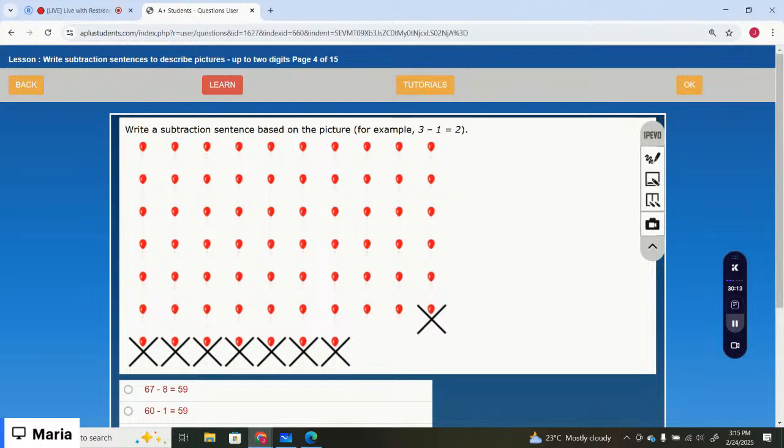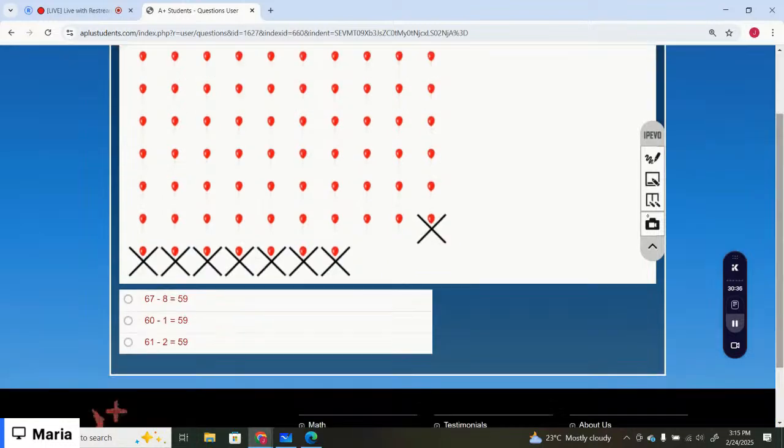Write a subtraction sentence based on the picture. That is 67 take away 8 that equals 59.